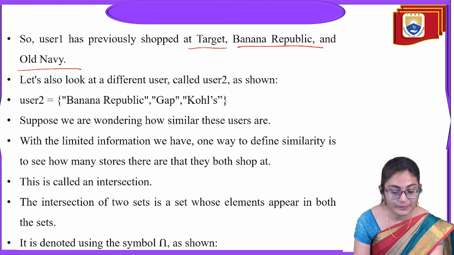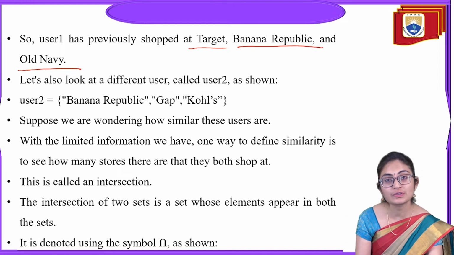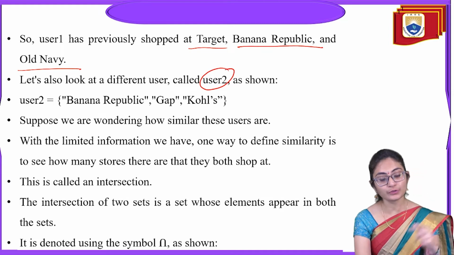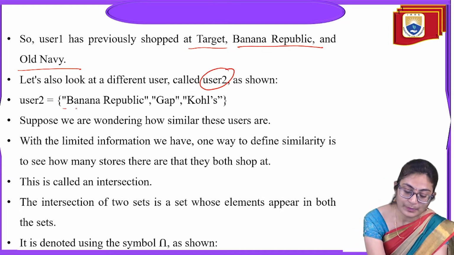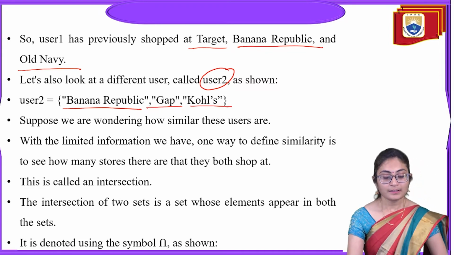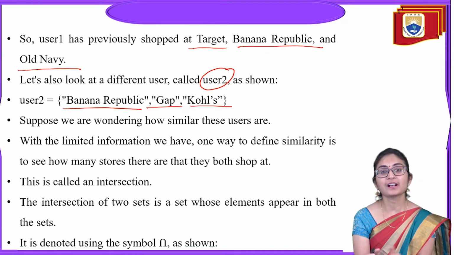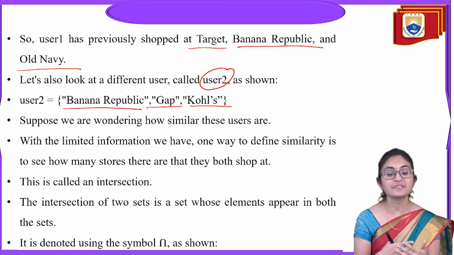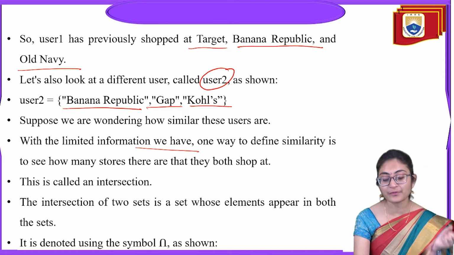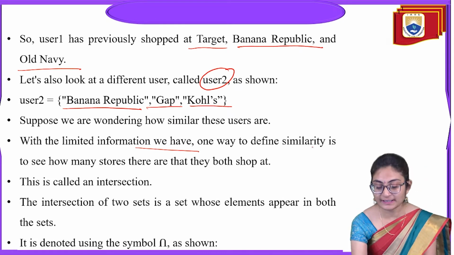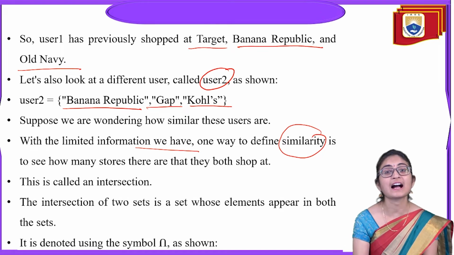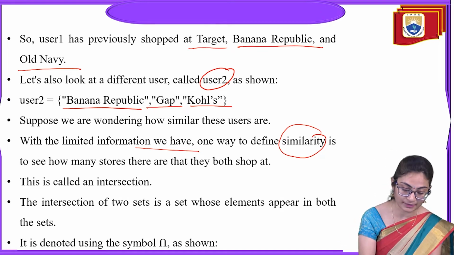But let's look at a different user. Now we have user 2, who has Banana Republic, Gap and Coles. We are wondering: both users have some similar values, and with the limited information we have, one way to define similarity is to see how many stores they both shop at.